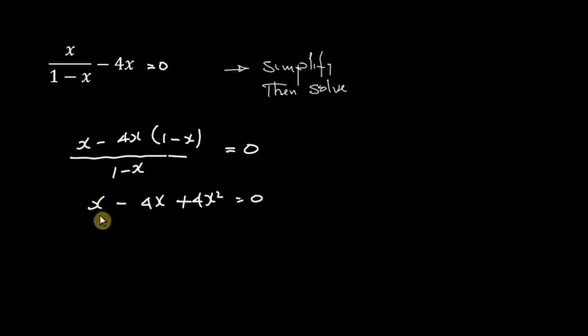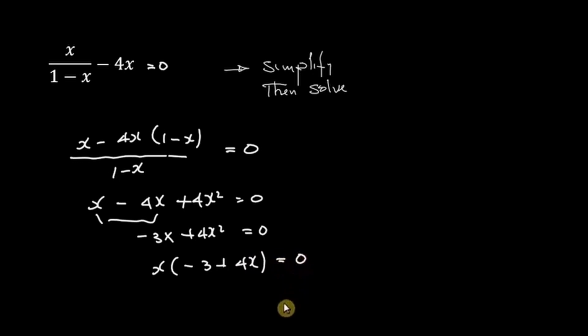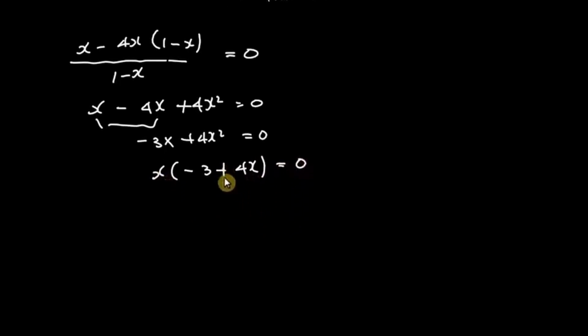So we could collect these two terms. We have minus 3x plus 4x squared is equal to 0. We could take x as a factor, and we have x into minus 3 plus 4x, that's equal to 0. So we have two factors that are equal to 0.